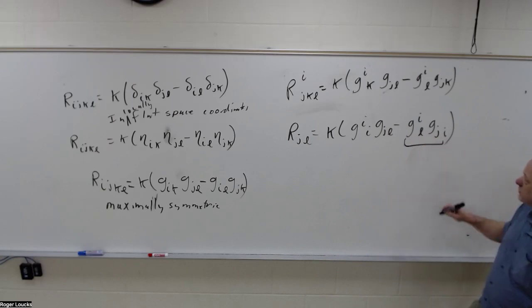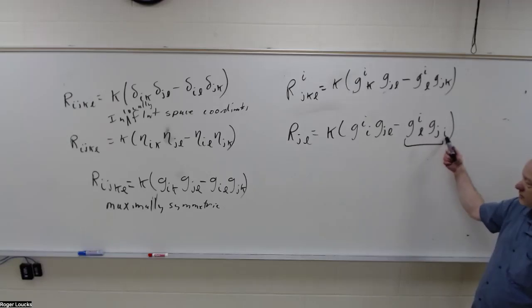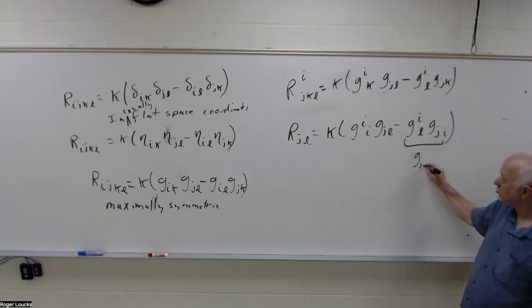What does this from here become? Something on these. This I becomes an L. This really becomes G, J, L.